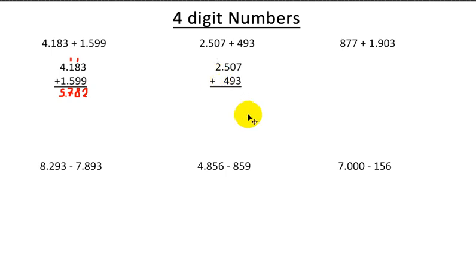Right there. So as you saw here, despite the fact that this is a 3-digit number, I need to put it in like this. I need to put the 3 beneath the 7, the 9 beneath the 0, and the 4 beneath the 5. Why? Because the 3 is a ones digit, so it needs to be beneath the 7, which is also a ones digit. The 9 is tens, so it needs to be beneath the tens, and the 4 is hundreds, so it needs to be beneath the hundreds.